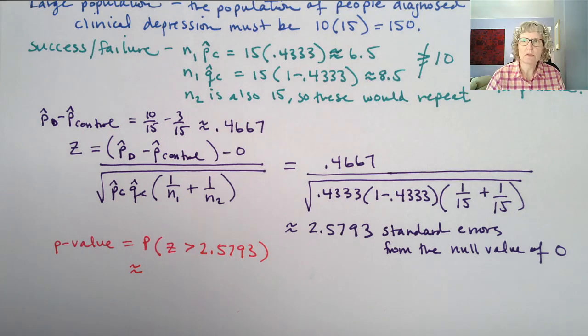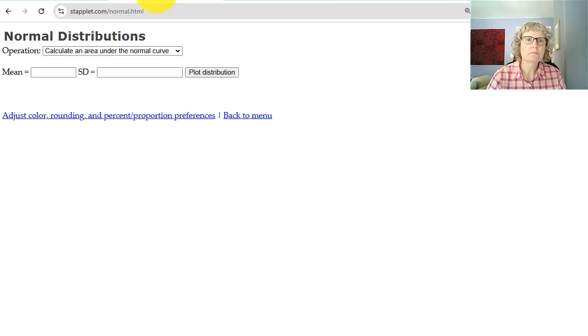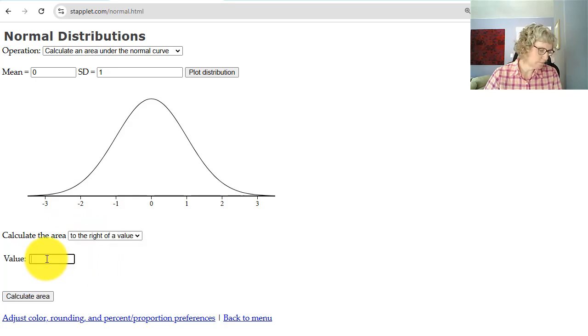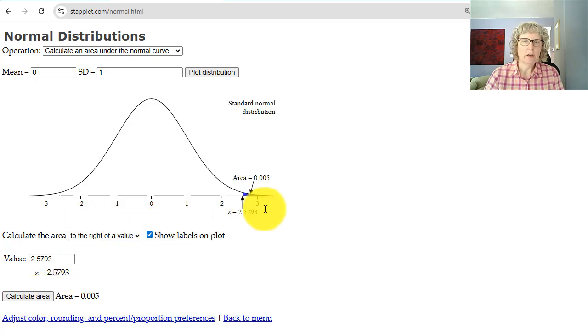So I'm going to go to Stapplet Normal. And we're talking a z-score, so we put in 0 and 1. Okay, and we're doing a right tail test, so to the right. 2.5793. Calculate area.